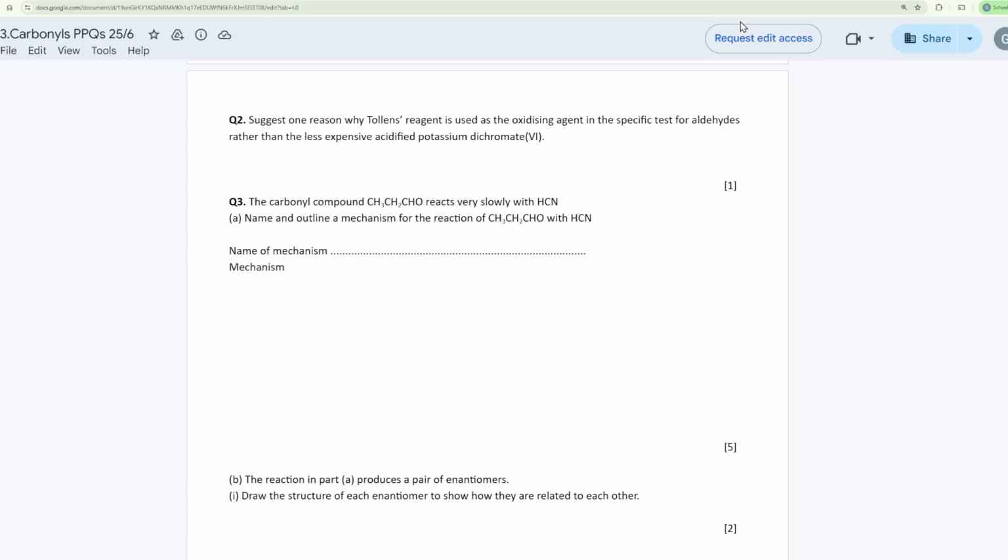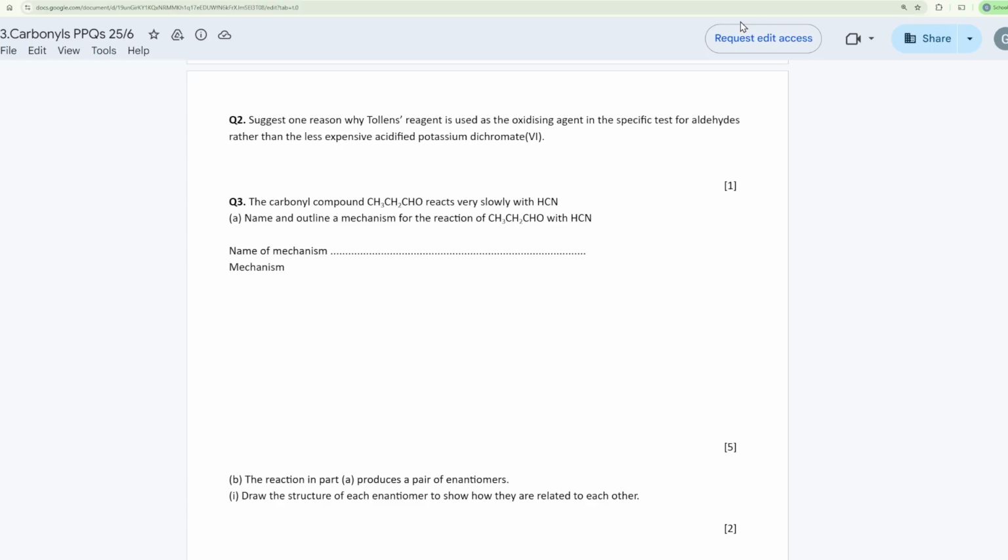So we've got, I'm just going to draw out this skeletally. What am I drawing here? This is wrong. 1, 2, 3, and then an oxygen. React slowly with HCN. Outline a mechanism for the reaction.